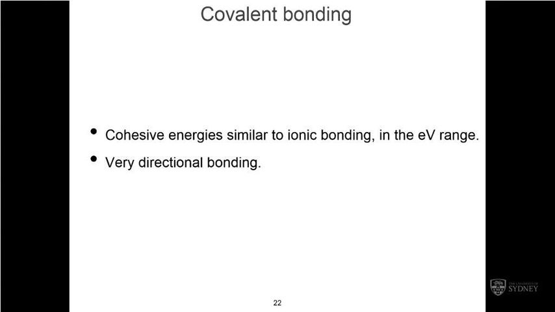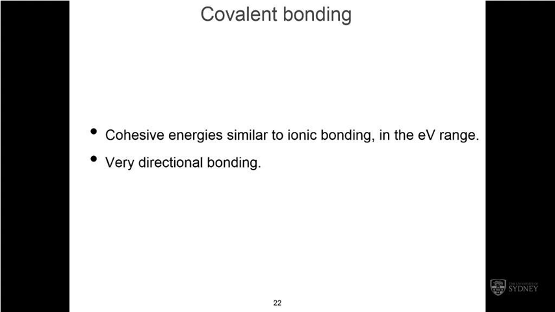So that's the cohesive energy, and the magnitude of it is similar to ionic bonding. So covalent bonds are strong bonds, and ionic bonds are also strong bonds. And we'll have a look at what energy they are later on. Covalent bonds are characterized by being very directional. So as we saw before, these sp3 or sp2 bonds are very directional in space.